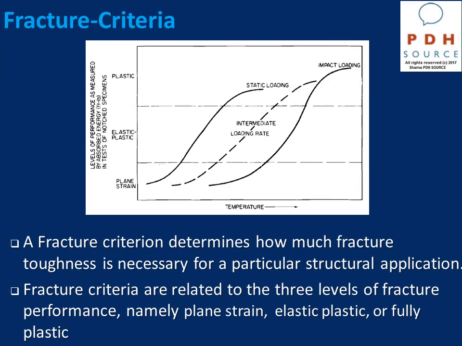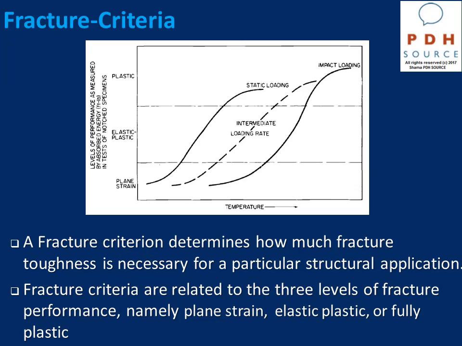So this is basically what is meant by a fracture criterion. These fracture criteria are usually related to three levels of fracture: plane strain, elastic plastic, and plastic, fully plastic.